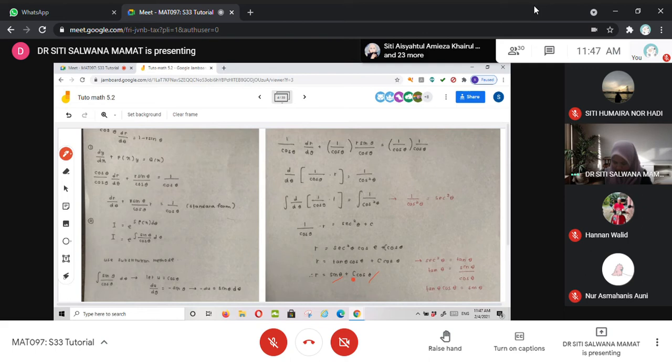Okay, so you tengoklah kat sini, this is your equation. R is the dependent. Okay, so that nanti you punya function you lastly R as subject lah. Okay, kita follow this. Okay, R dependent and then theta is independent.